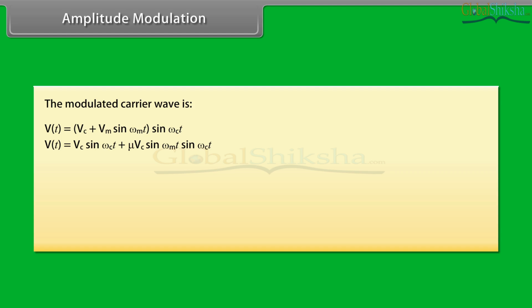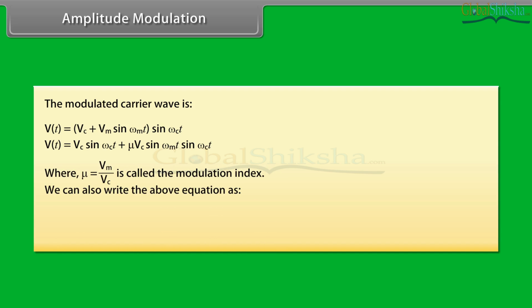ωct, which can be written as Vt is equal to Vc sin ωct plus μ Vc sin ωmt sin ωct, where μ is equal to Vm by Vc, called the modulation index.